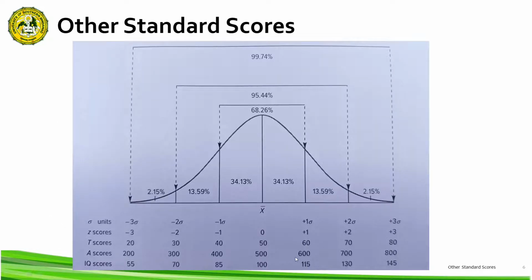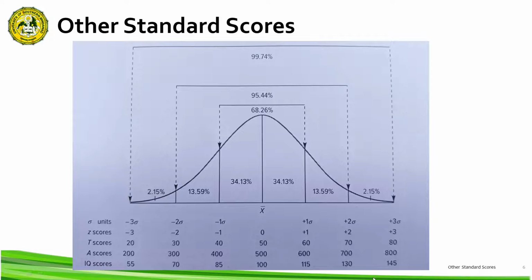The value of A is 600, which equates to 60 in T scores and 1 in Z scores. Of course, the value in the center of the curve is the mean of each standard score, and with the standard deviation of each respectively, we derive the values on the left and on the right side of the normal curve.